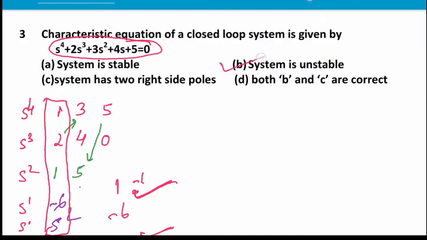System is unstable, correct, and it has two right side poles because two sign changes occur in the first column of Routh table. So option B and C both are correct answer. So option D is the correct answer, both B and C.